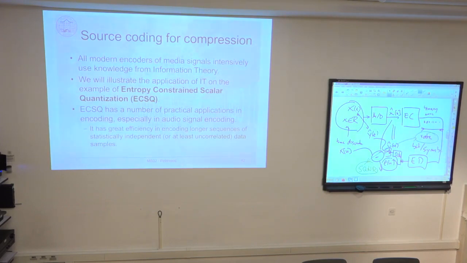And once these samples are decorrelated, the simplest way would be to simply quantize them using entropy constraint scalar quantization. So I have a sequence of real numbers at the output of this pre-processing decorrelation step, and this sequence is then simply quantized with ECSQ.